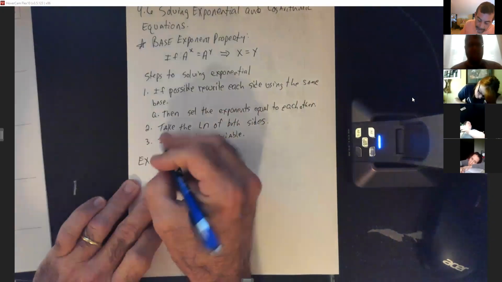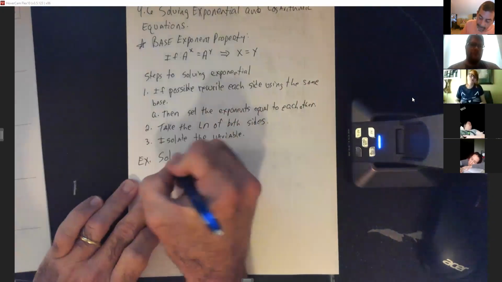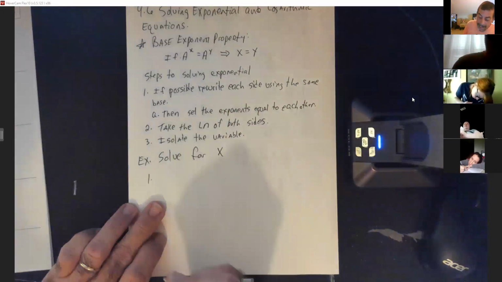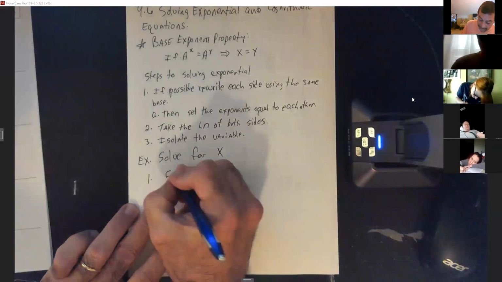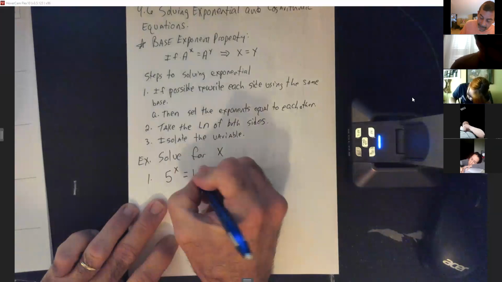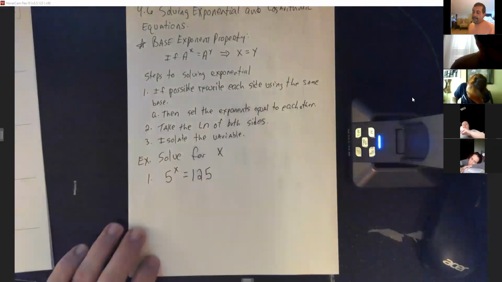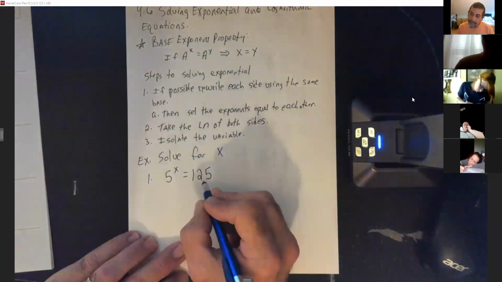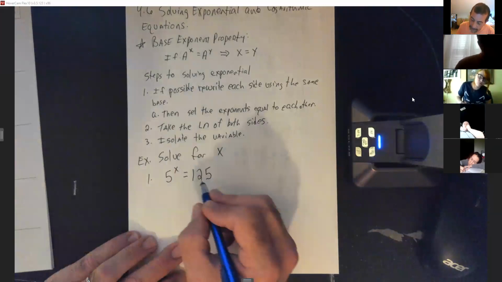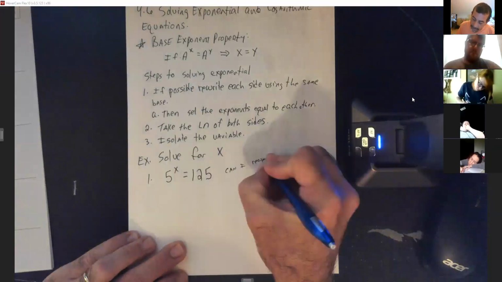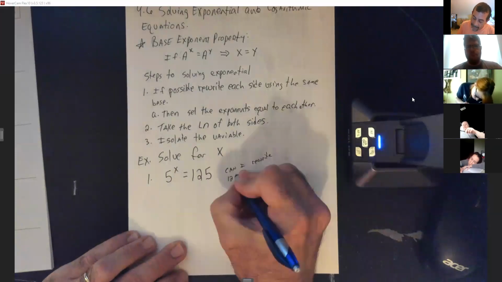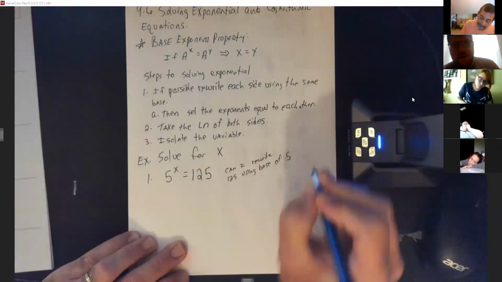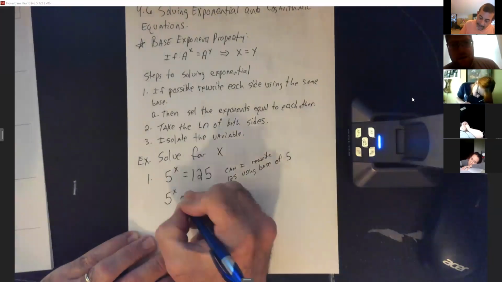So here we go. We're going to solve for x. Number one, I have 5 to the x equals 125. You have to think to yourself, can I rewrite 125 using base 5?